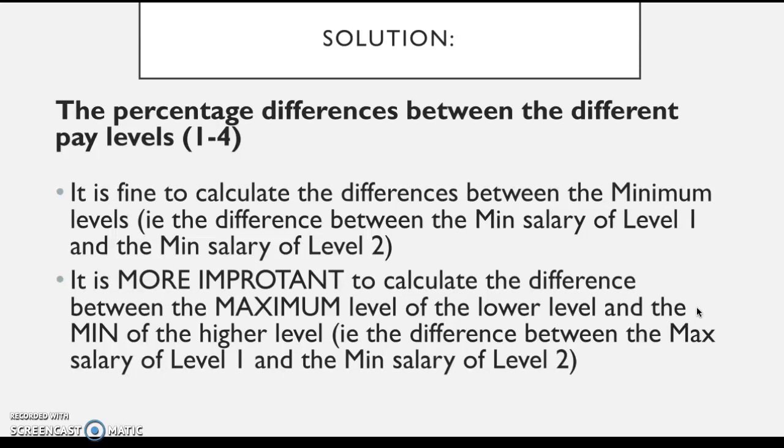As I've said here, it's fine to calculate the differences between the minimum levels of pay ranges, so looking at the difference between the minimum salary of level 1 and the minimum salary of level 2.